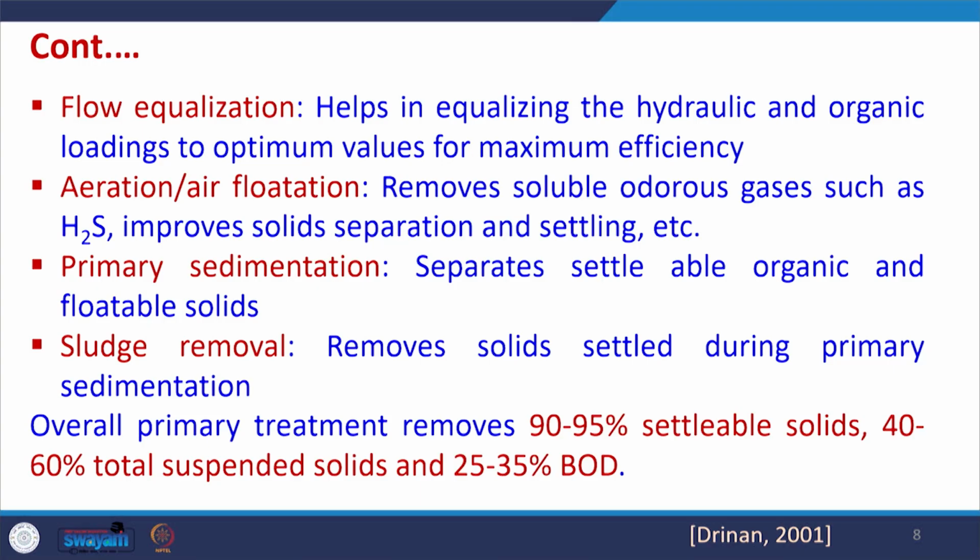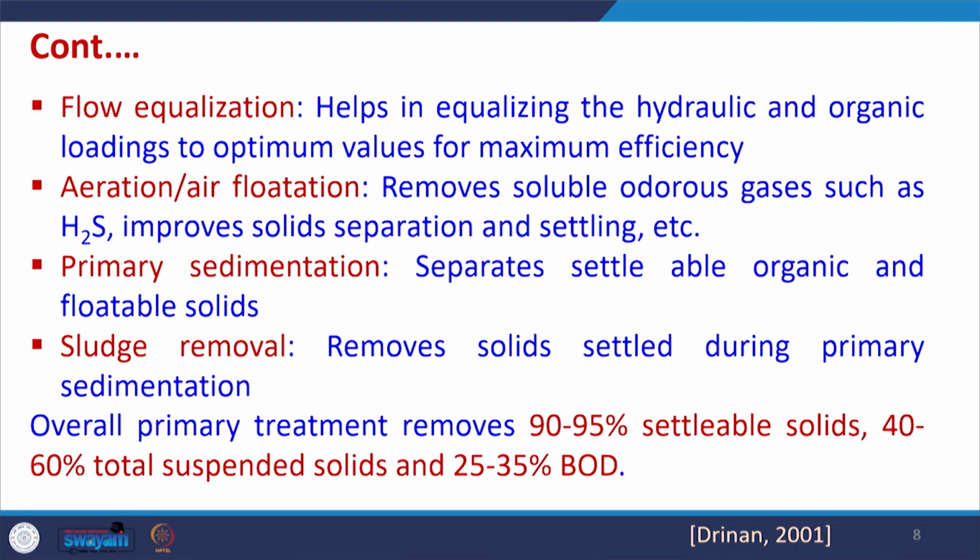Now, after the screening steps, the next step is called flow equalization. It helps in equalizing the hydraulic and organic loadings to optimum values for maximum efficiency. What does it mean? It means that there is variation in the flow rate depending upon the season and the operation being performed in the industry. Like the sugar industry, that is a seasonal industry, there are variations with respect to season.